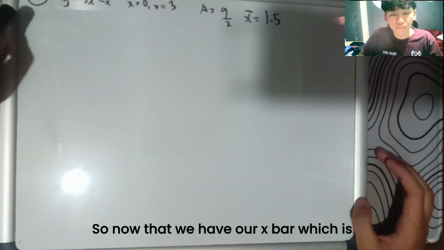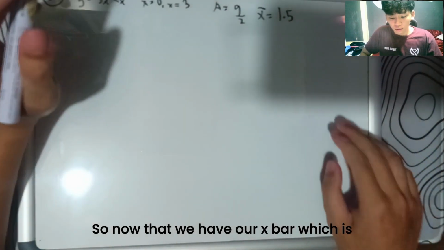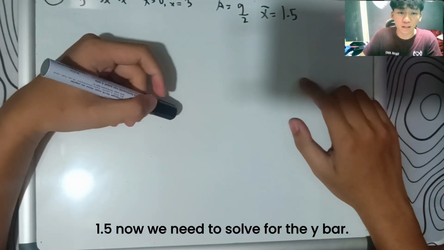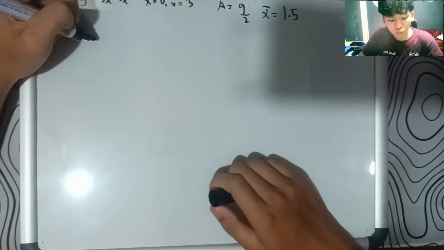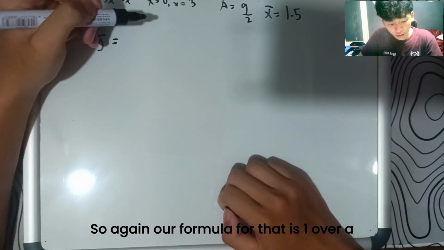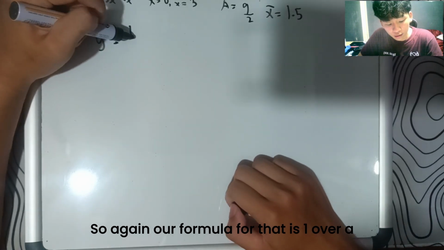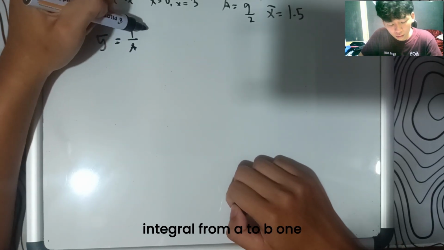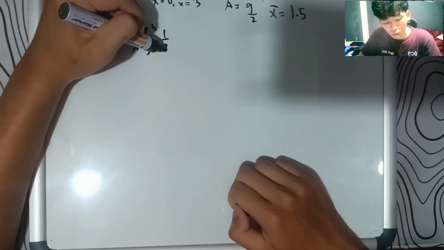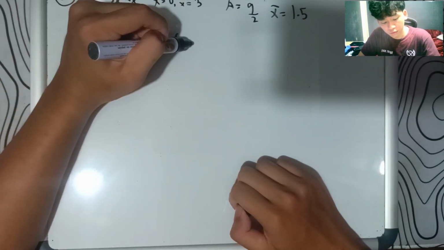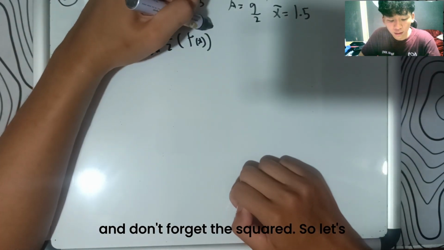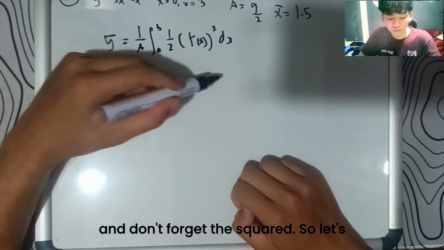Now that we have our x bar, which is 1.5, we need to solve for the y bar. Again, our formula for that is 1 over A, the integral from a to b of 1/2 times our function, and don't forget the squared.